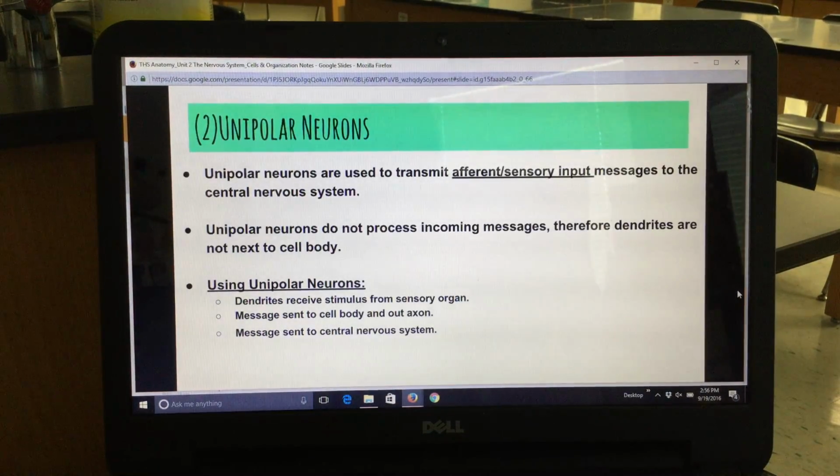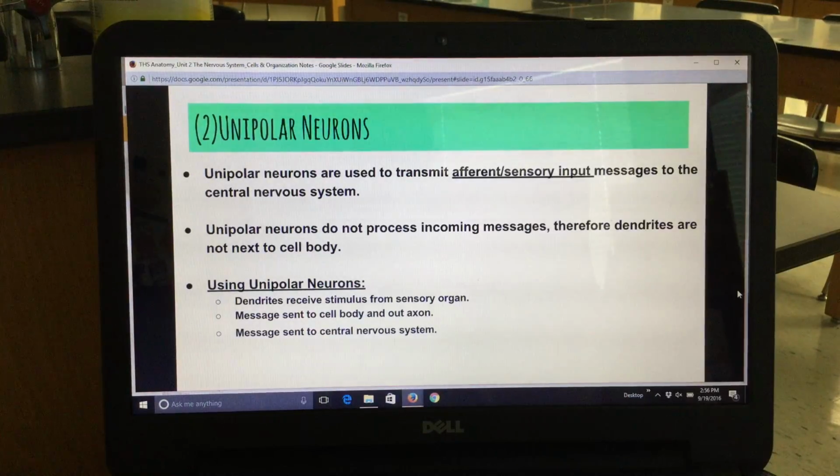So the concept of sending messages to the central nervous system or to our brain goes through either what's called the afferent path or the sensory path. So again, unipolar neurons have the specific job of sending messages to the central nervous system. And in fancy anatomy terms, it just means they're sending it through the afferent path or the sensory path.